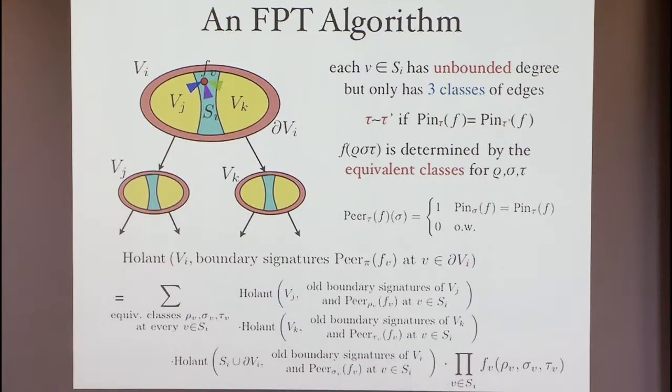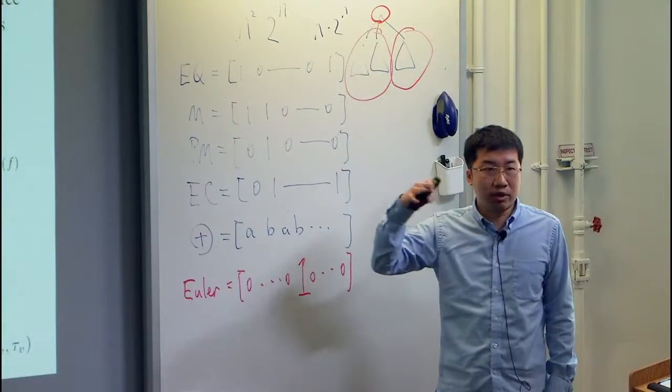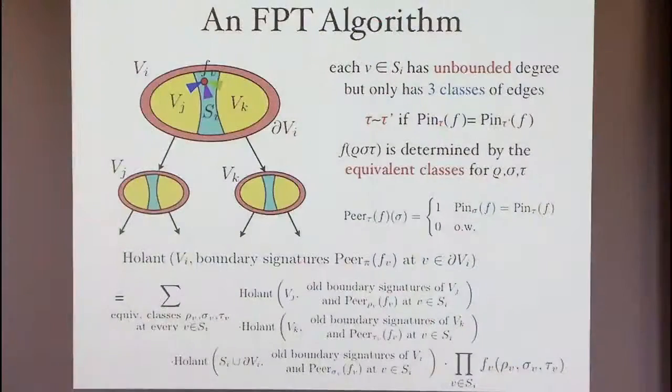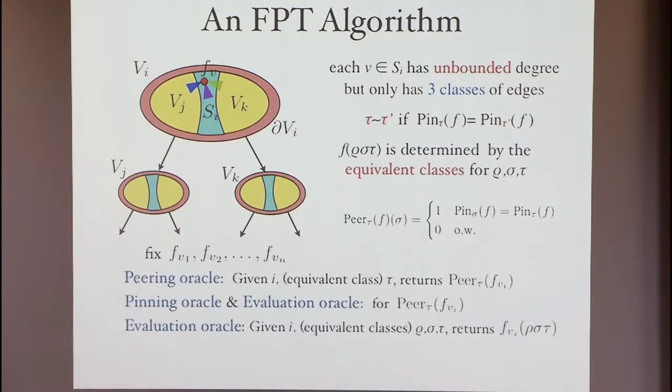So altogether, it gives us dynamic programming running in time r to the order of treewidth times n, which is the size of the decomposition. So, okay, that's it. We still need to do this formal work to guarantee that those oracles are efficient.